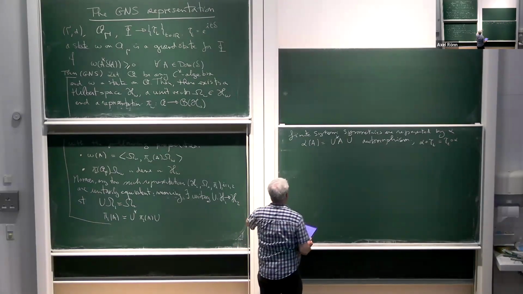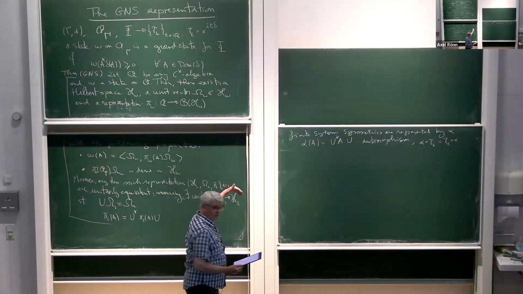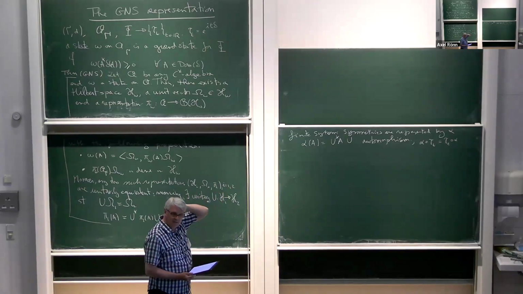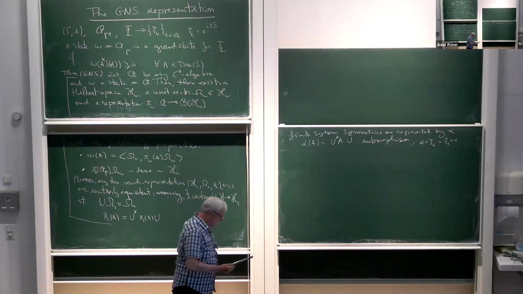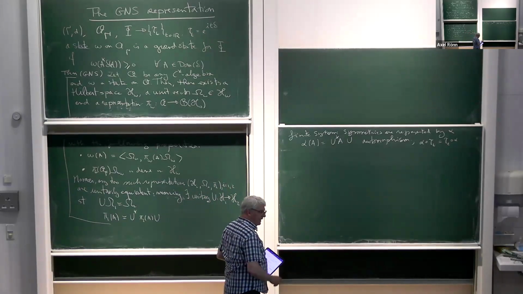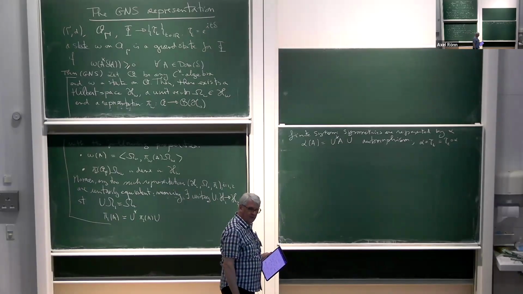If you go to infinite systems, you can have automorphisms that commute with the dynamics or the state, but it's not clear that they are implemented by a unitary.